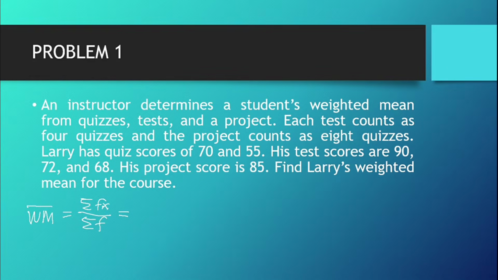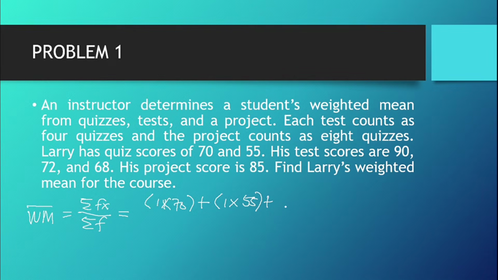So let's determine the weight of each score. Larry has a quiz score of 70, so 1 times 70, where 1 is the frequency. Plus 1 times 55. Then his test scores are 90, 72, and 68, and each test counts as 4 quizzes.